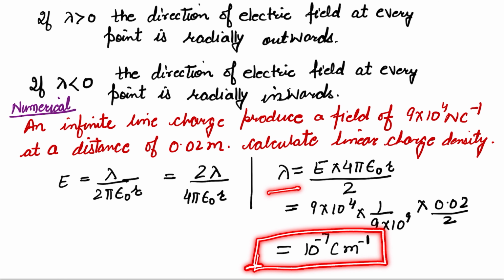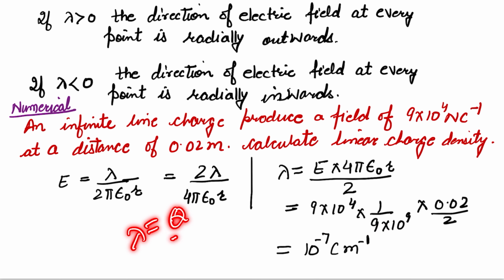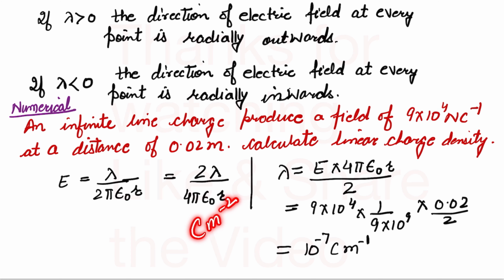Lambda was the linear charge density, so lambda was q by l. Q has units of coulomb, length has units of meter, so its units will be coulomb per meter. Just for the information, the surface charge density is represented as sigma, and it has units of coulomb per meter square.